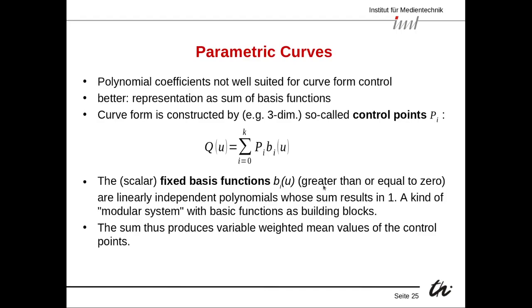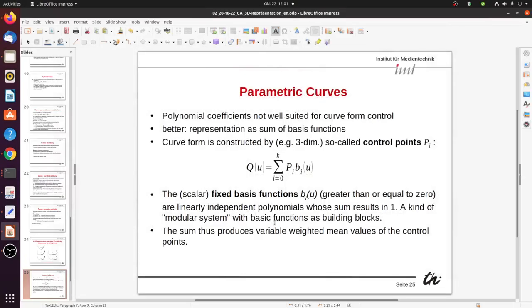They are greater than or equal to 0, and are linearly independent polynomials whose sum always results in 1. So for each u, the sum of all those polynomials is 1. This is a kind of modular system with basis functions as building blocks.